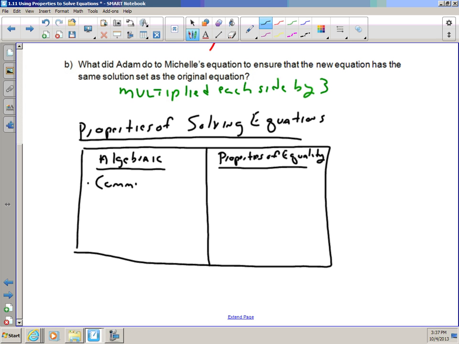Commutative, which you'll recall from the earlier lessons, associative, and distributive, which also includes combining like terms.